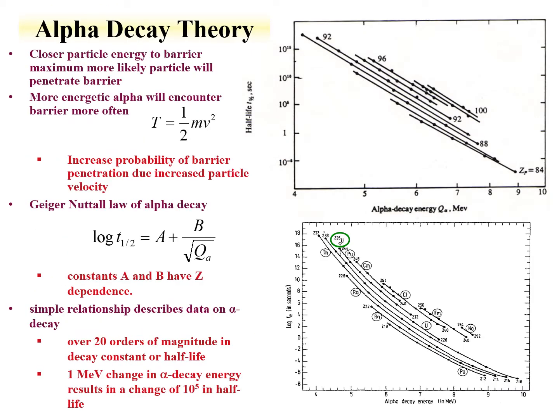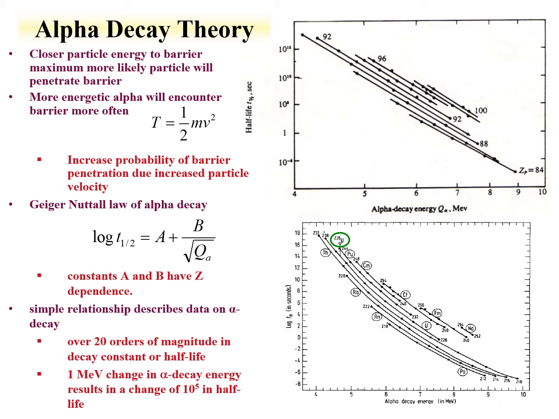So one of the manifestations of this model we just discussed is that the closer the particle energy is to the barrier, the more likely the particle will penetrate that barrier. Also, a more energetic alpha particle will encounter the barrier more often. If we think about the kinetic energy, the mass would be the same, so velocity would be greater for a more energetic particle.